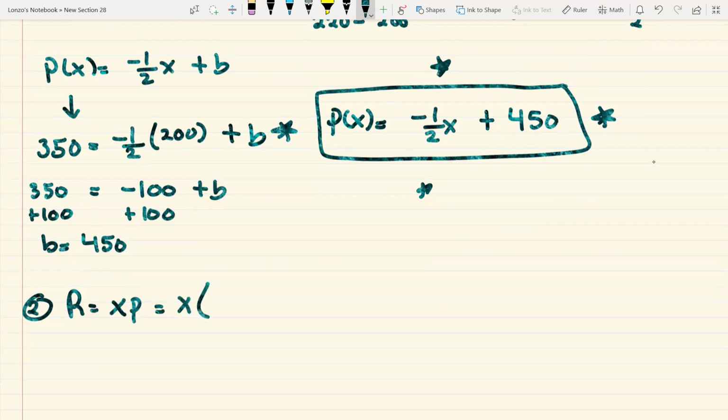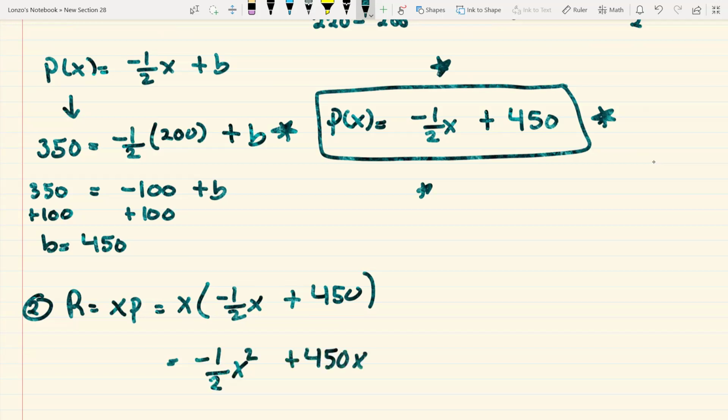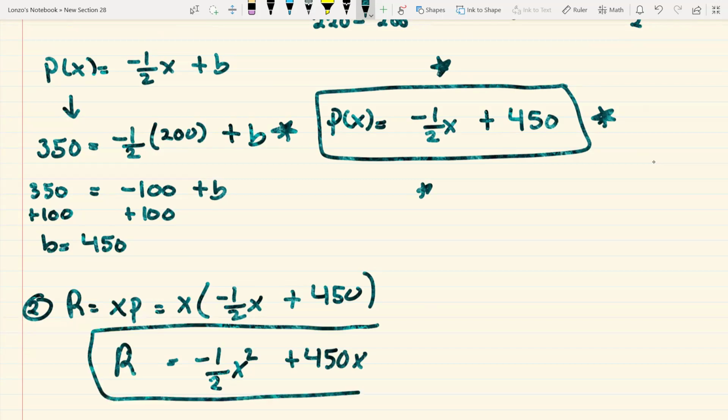So x times p, or in our case, our demand function, is x times negative 1/2 x plus 450. Okay, and then if I FOIL this out, this is going to be negative 1/2 x squared plus 450x. Okay, so this is your revenue function. I'm going to box it because I think we might need it.